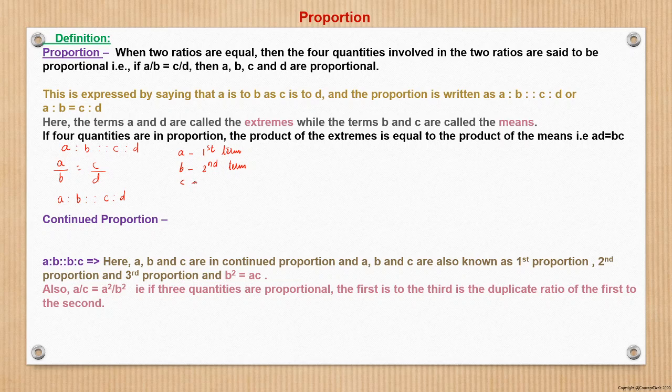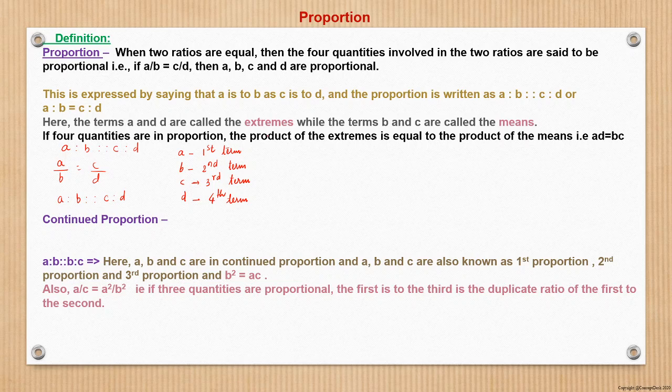C is known as the third term of the proportion. And D is known as the fourth term of the proportion. So this is the standard notation. A, B, C, D are the terms where A is the first term, B is the second term, C is the third term, and D is the fourth term.